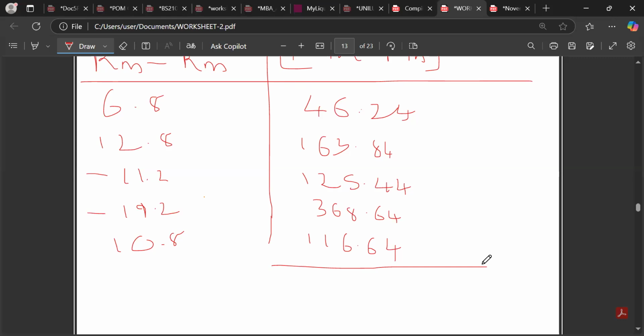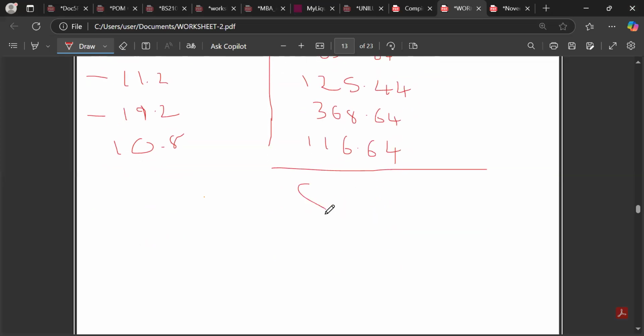What's our sum total of all this? 820.8. Yes, on the right path. This is just the summation of what we need.